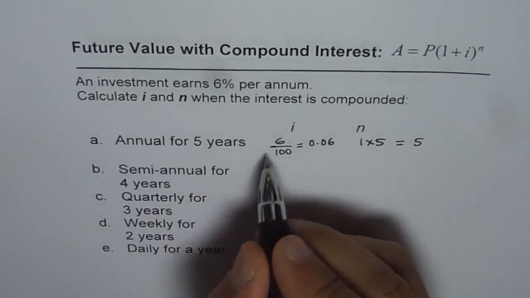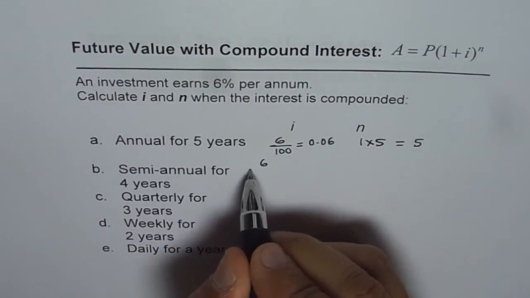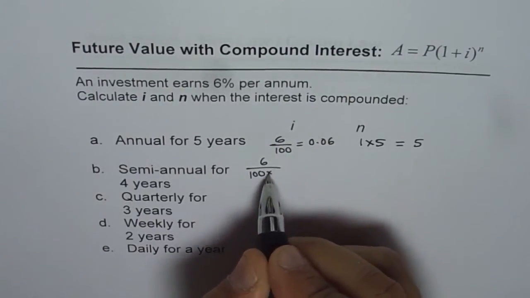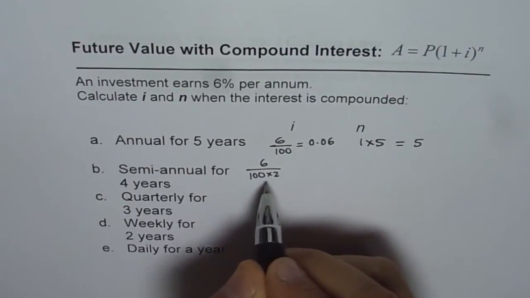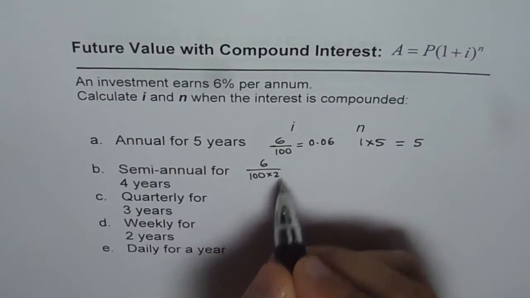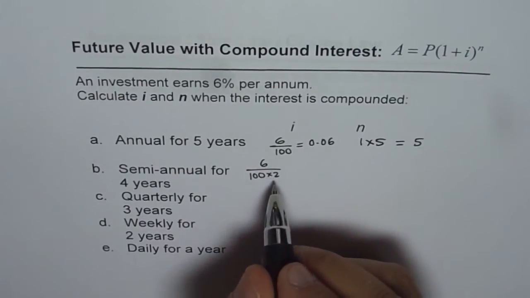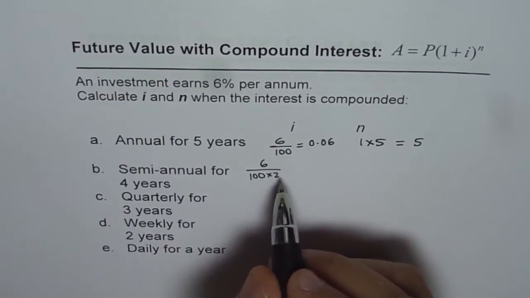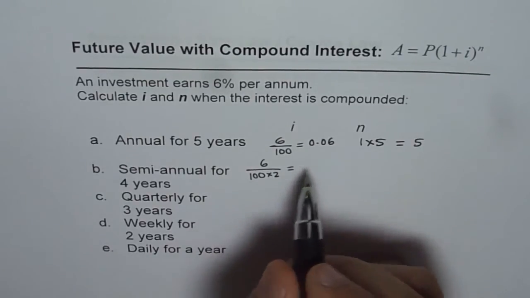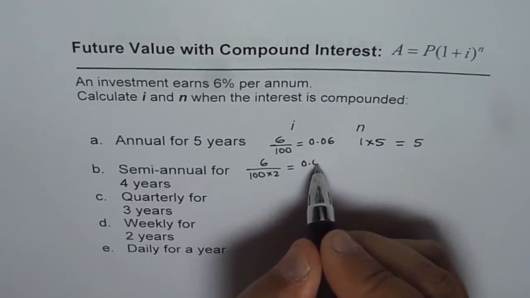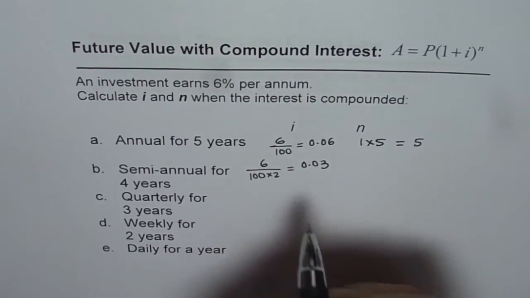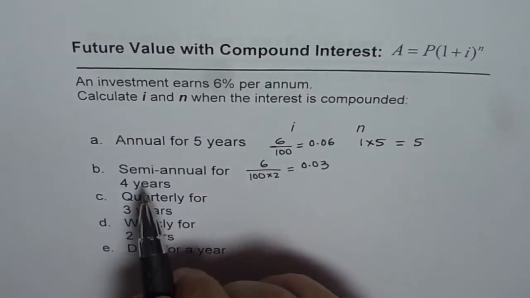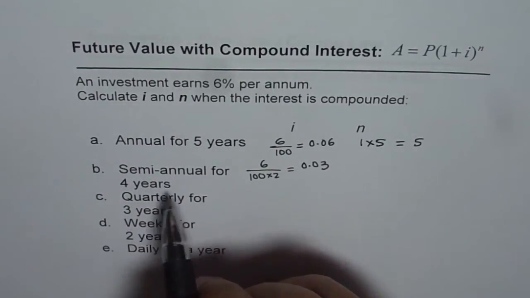So to calculate I, we have 6%, that means 6 over 100, and then you have to divide this by 2, or I could multiply the denominator by 2, right? Times 1 over 2. So that becomes your interest rate for each compounding period. That means it will be 0.03. So that is the decimal value of the interest rate when it is compounded semi-annually.